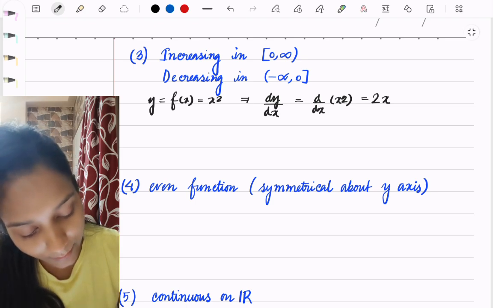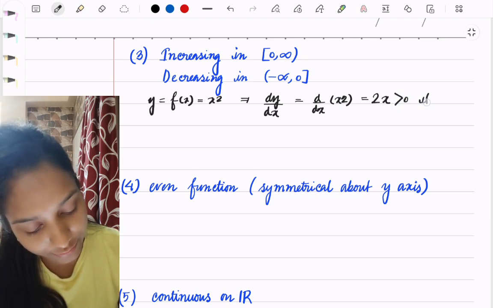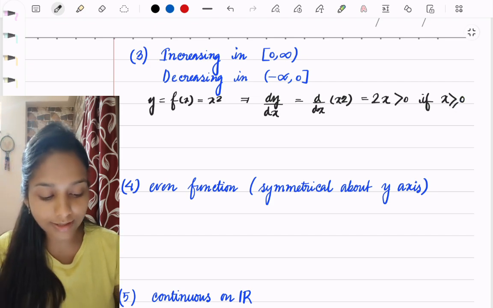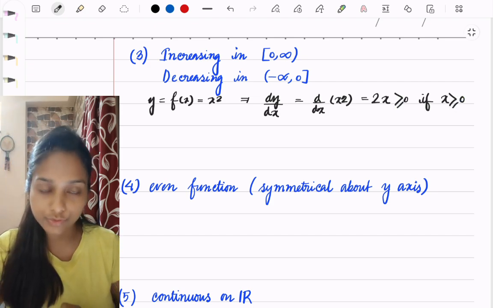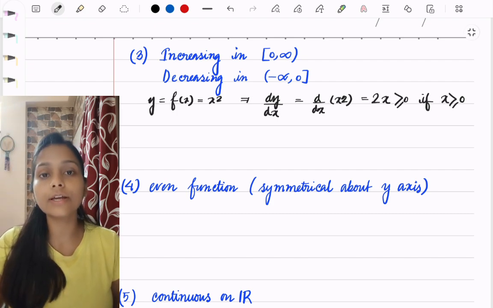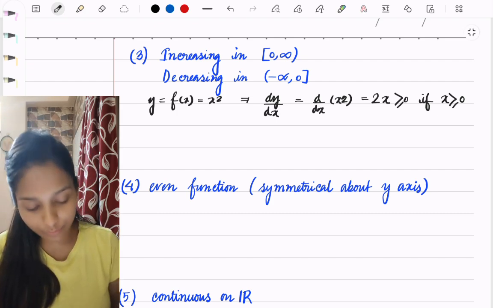Now, this will be positive if x is positive, and if x is greater than or equal to 0, again the derivative will be greater than or equal to 0. Similarly, if x is negative, then the derivative will be negative.